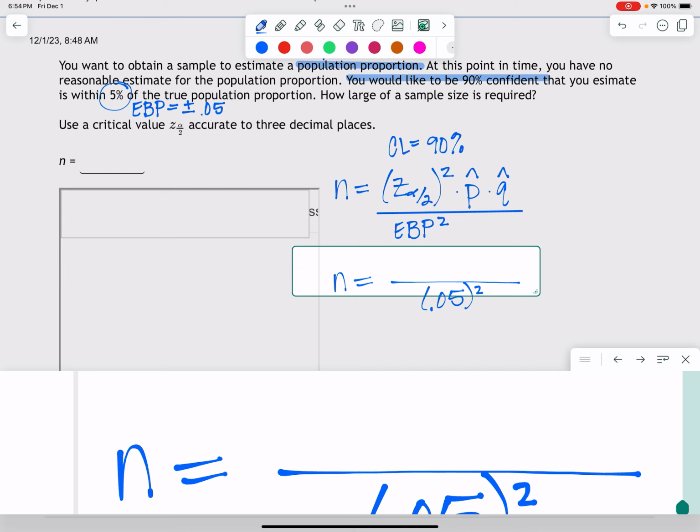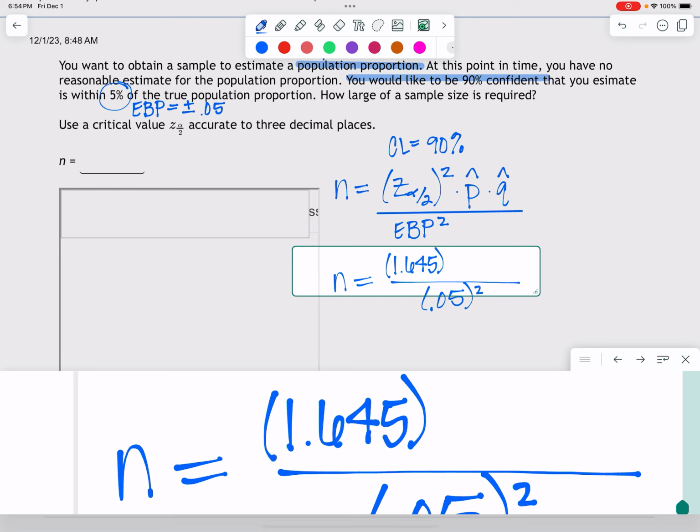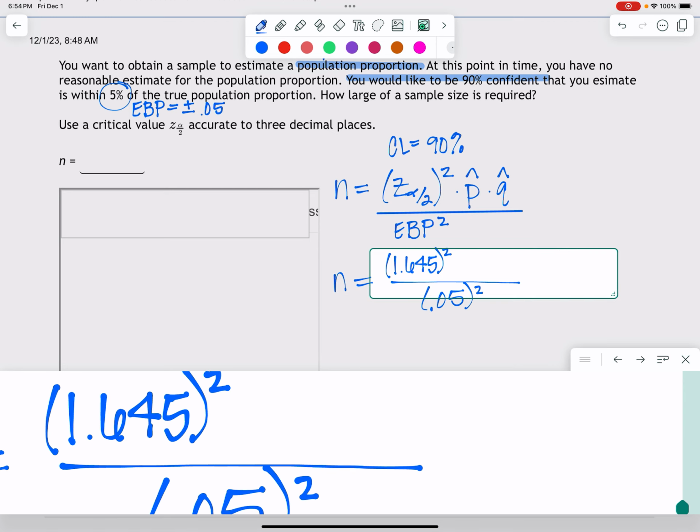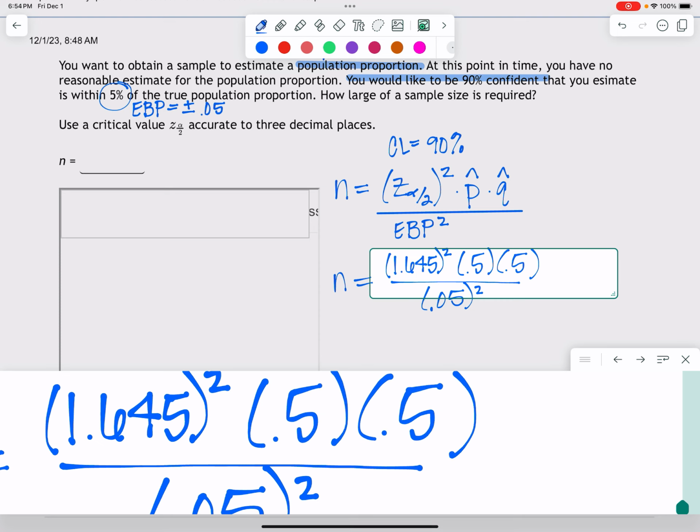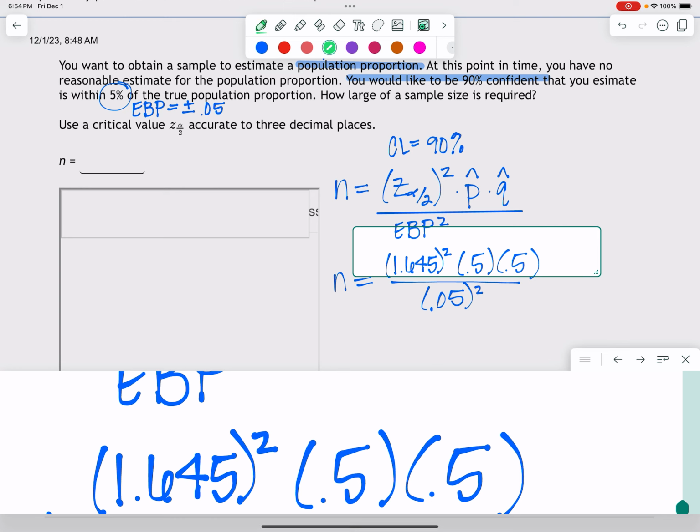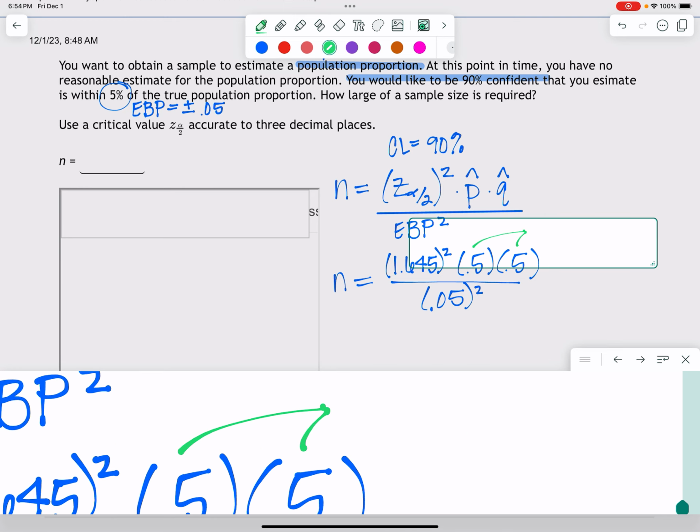Since this is a proportion problem, proportions always use normal Z. So that value is 1.645 from your critical values chart. Now, they don't give us P hat or Q hat. So this is the case where we are going to use 0.5 for both of them. We are doing that because P hat is not given.